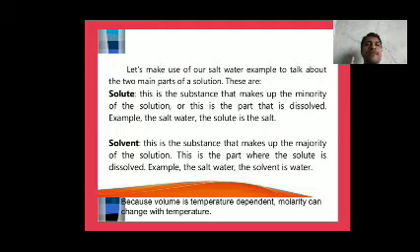Example, in salt water, the solute is the salt.